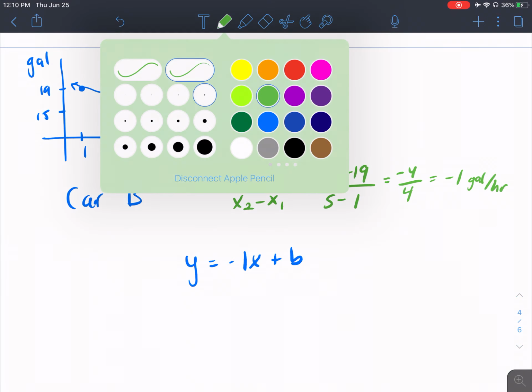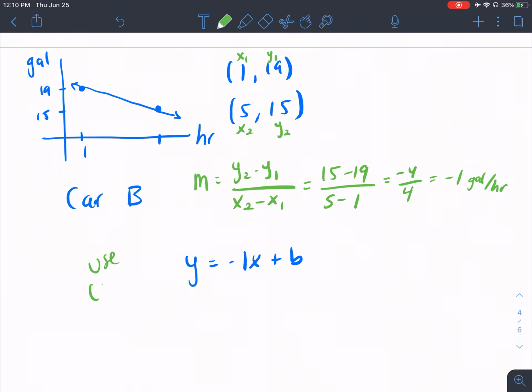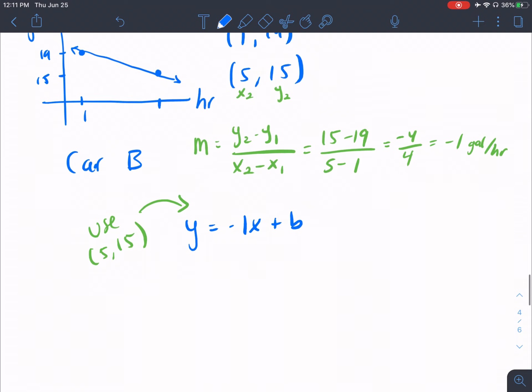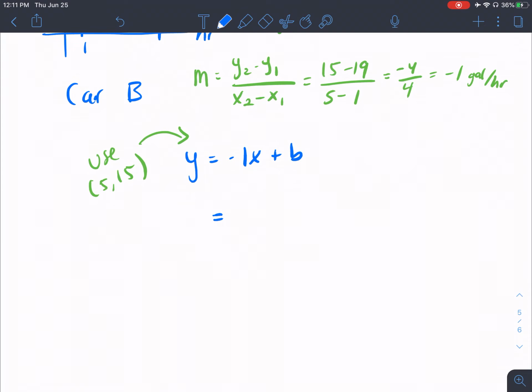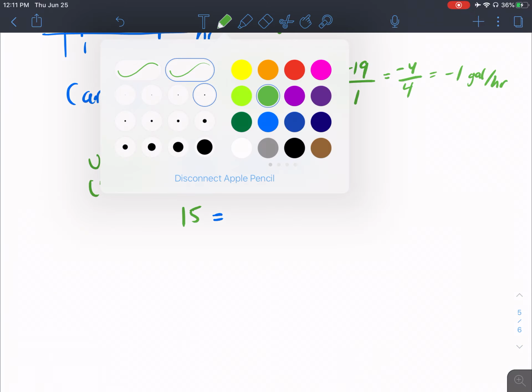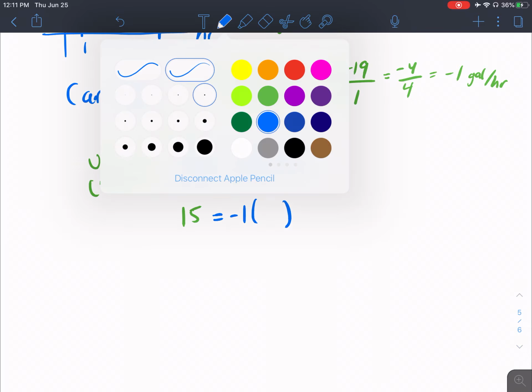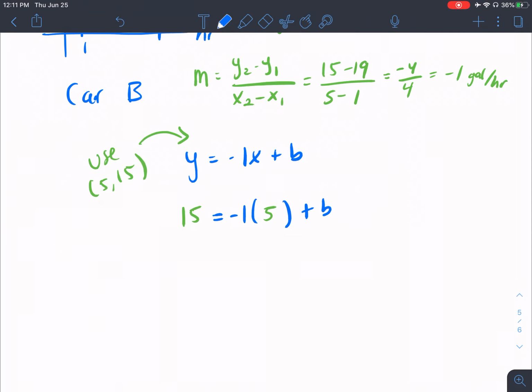Let's use 5, 15 and use it to solve for b. So y is going to be 15, and we get negative 1 times x, which is 5, plus b. So we got 15 equals negative 5 plus b.